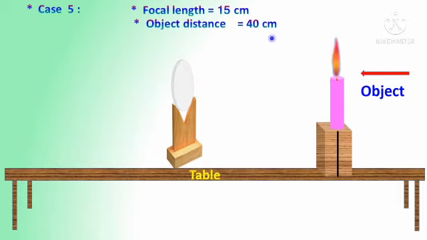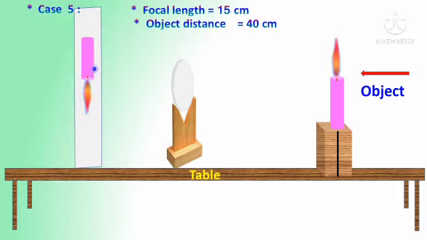Now bring the white paper, that is the screen. Move the paper slowly left to right. Paper means the screen, where we can find the image. Here the object is the same, but the image is real and inverted.